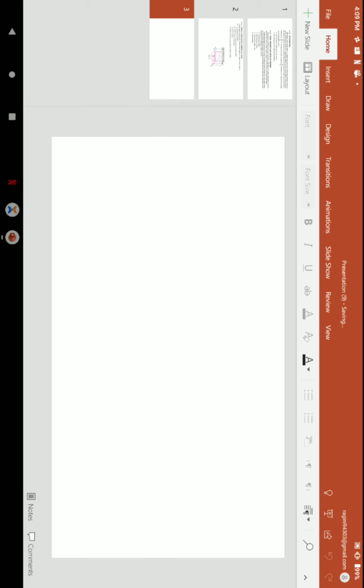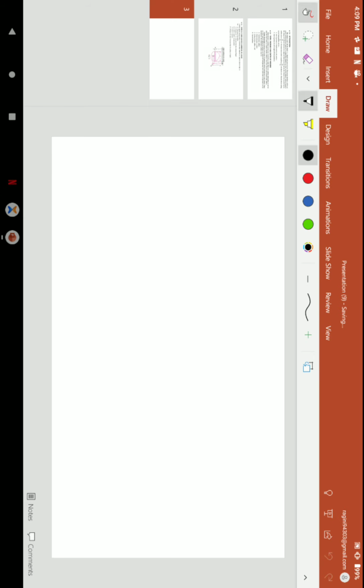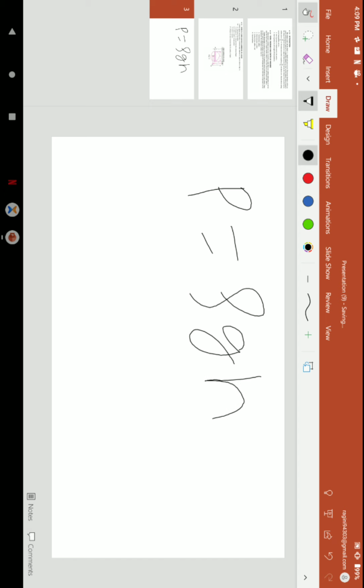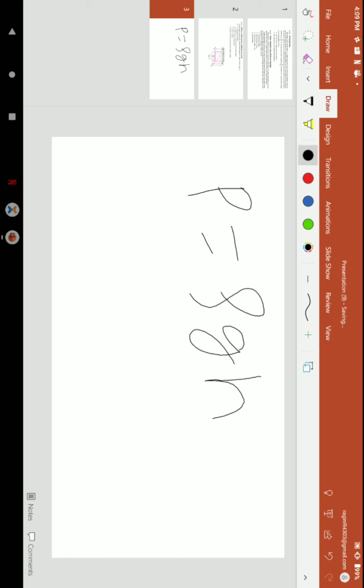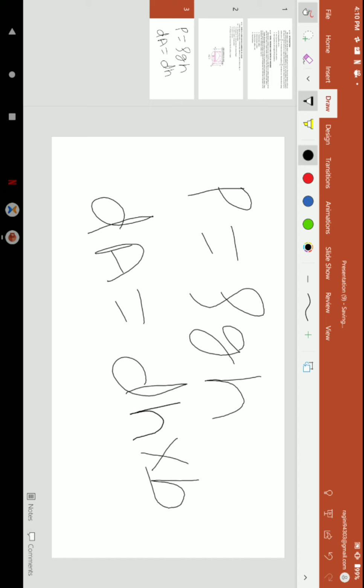Now, what is the pressure acting on the vertical plane? The pressure P equal to rho g h, as everyone knows, and the area of the strip that we are assuming is the small area dA, where dA equal to dh into b.